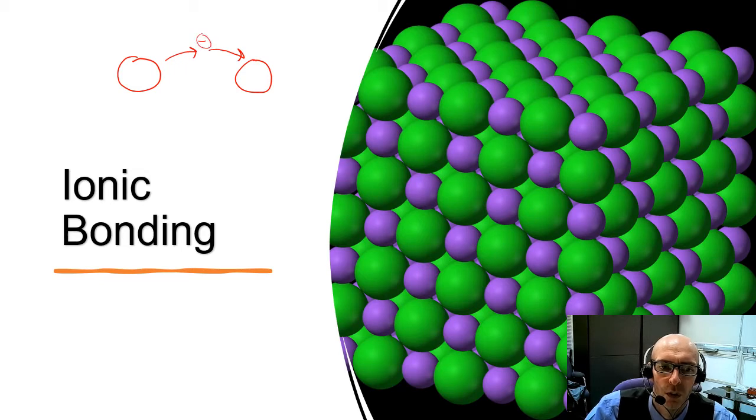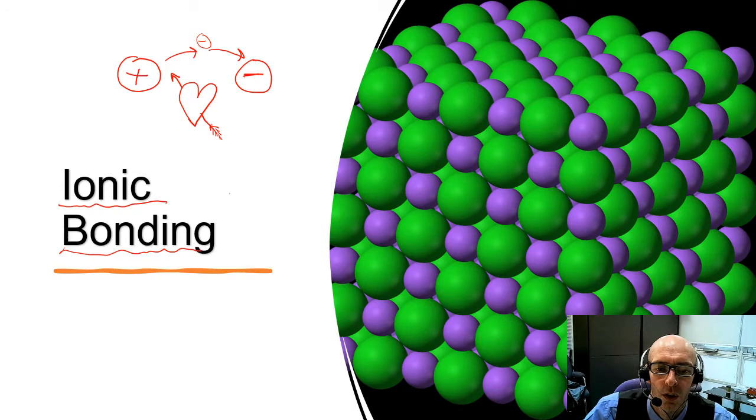That means overall this first one now becomes positive, and this second one becomes a negative ion, and the two ions do not fall in love with each other. But we do say they are attracted to each other, and that's called an ionic bond. So, what's this? We'll get into that.